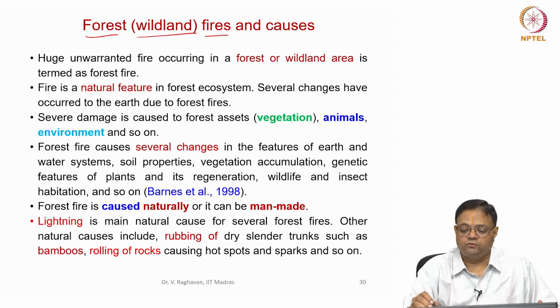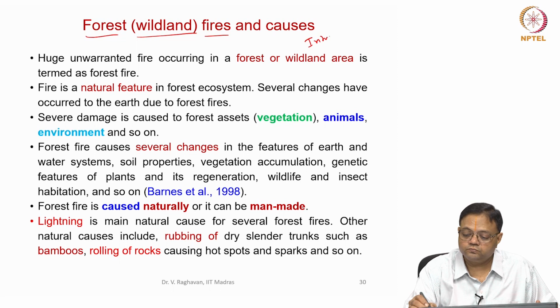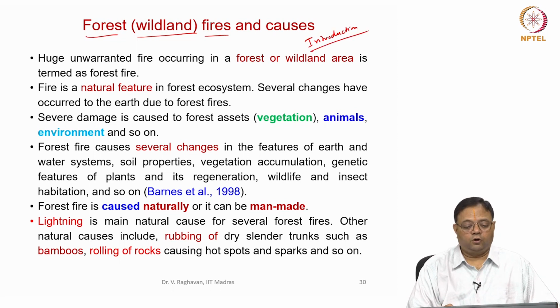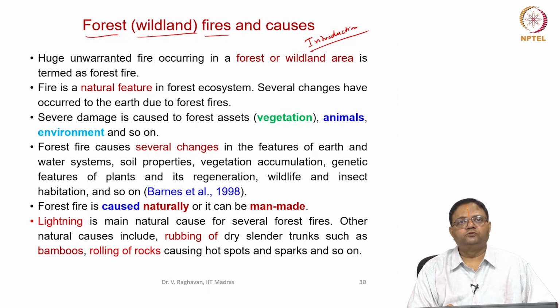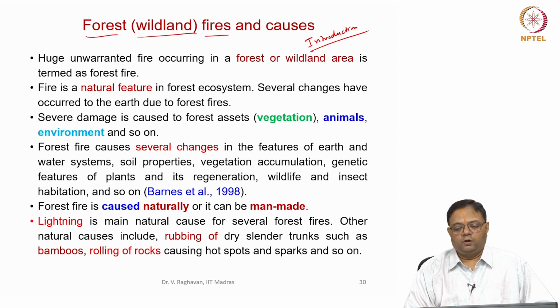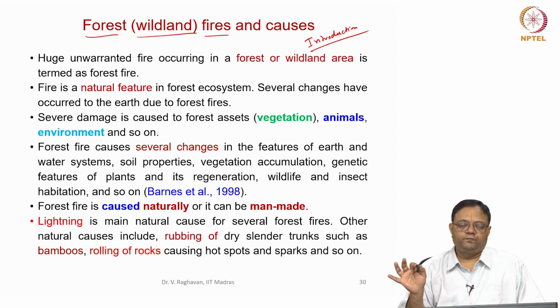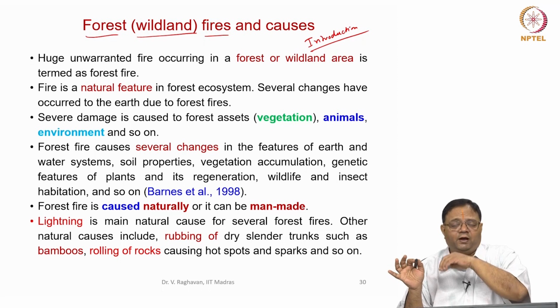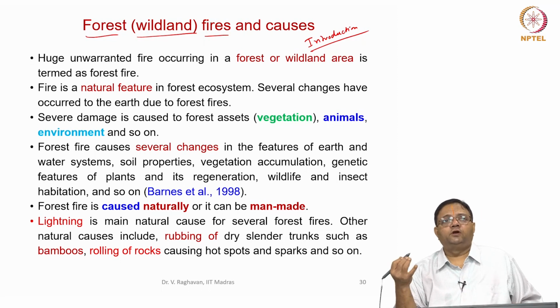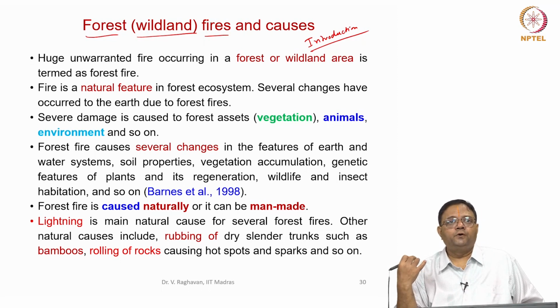Basically, this is only an introduction. So, please understand that these are all huge fires, very unwanted fires first of all, but it actually occurs. There are natural causes for this, also man-made causes. So these fires, once initiated, become very huge in size.